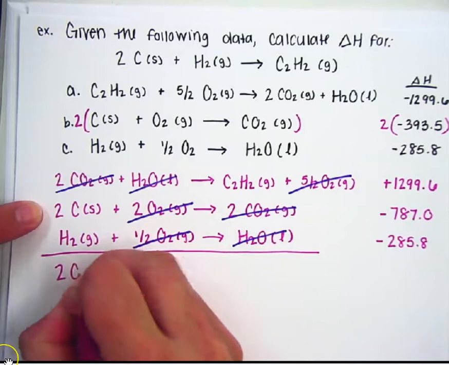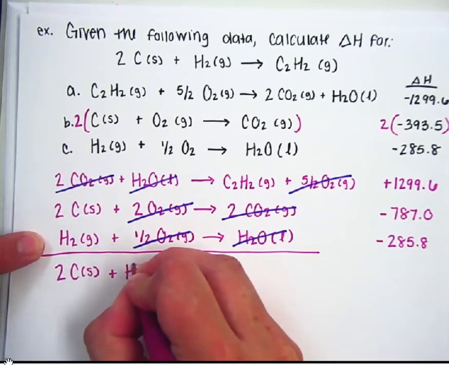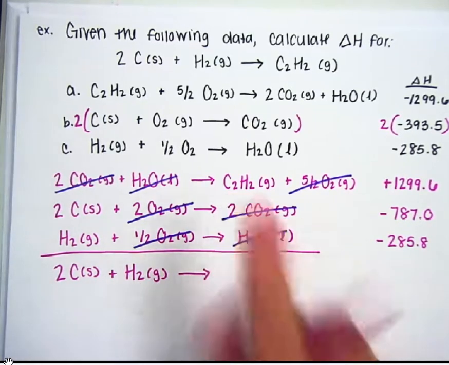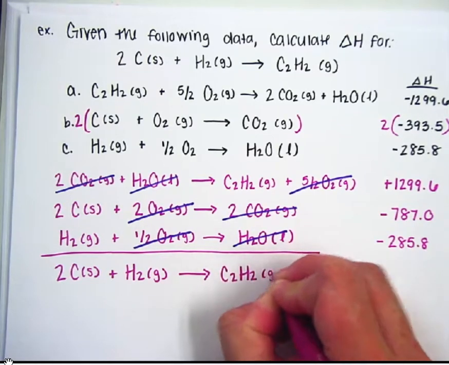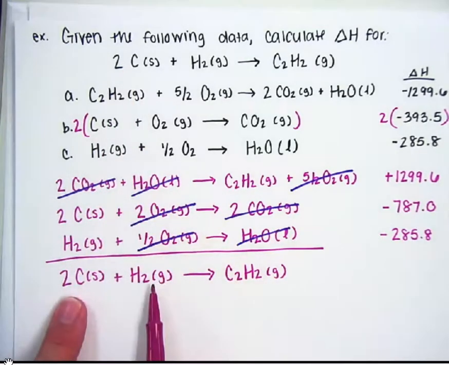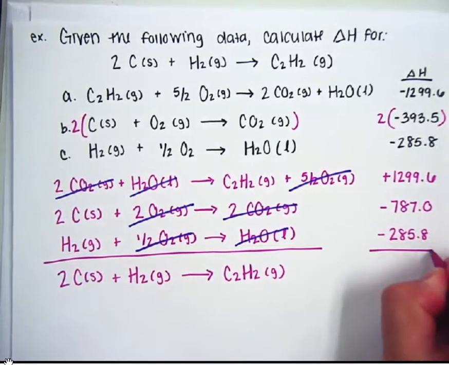2 moles of solid carbon plus hydrogen gas produces C2H2. Let's just do a double check. Does our sum of equations equal our master equation? It does.